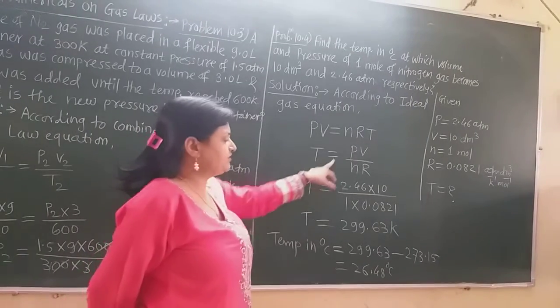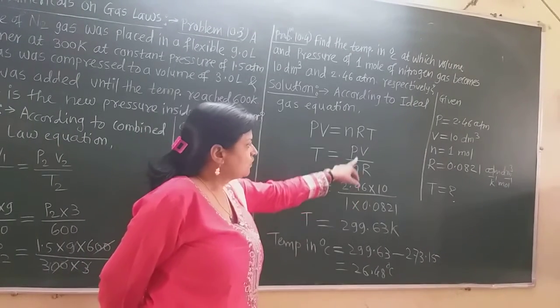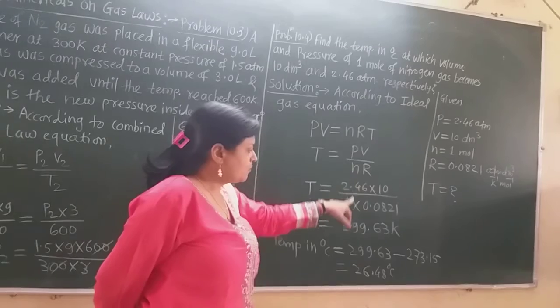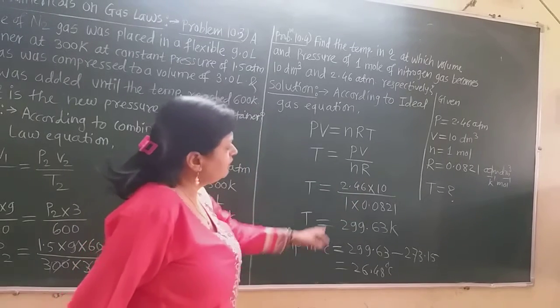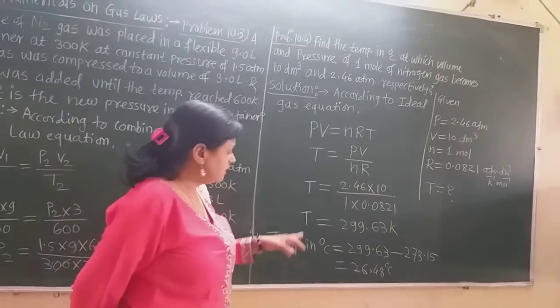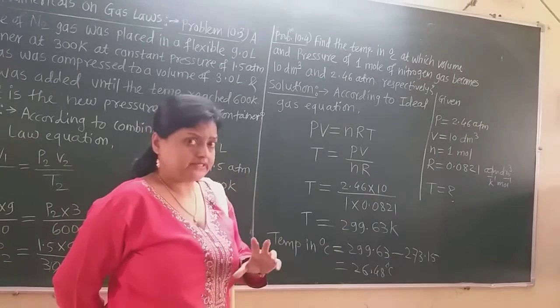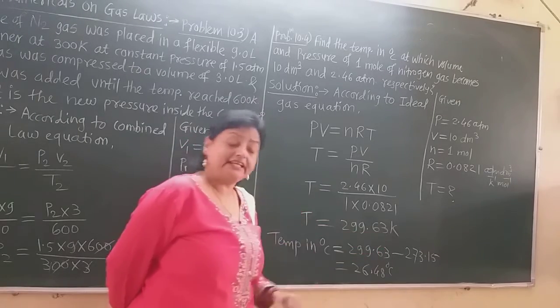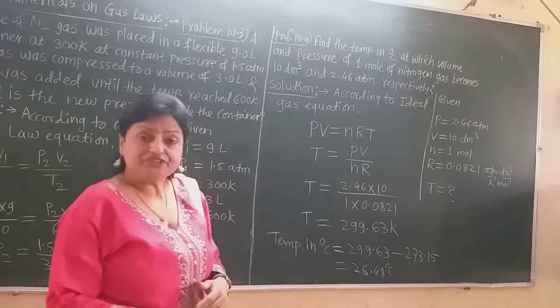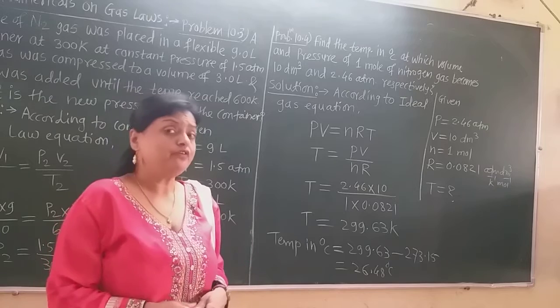Now the pressure is 2.46, the volume is 10, the number of moles is 1 and this is the value of R, the gas constant. If we solve all this, the temperature on the absolute or Kelvin scale is 299.63 Kelvin. But they ask us for the temperature in degree centigrade. Then what do we have to do?